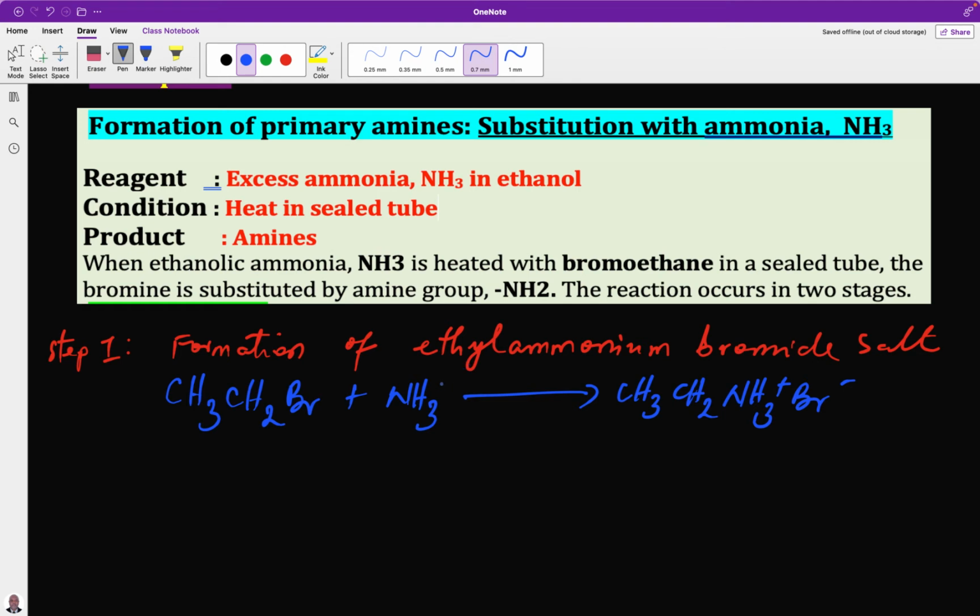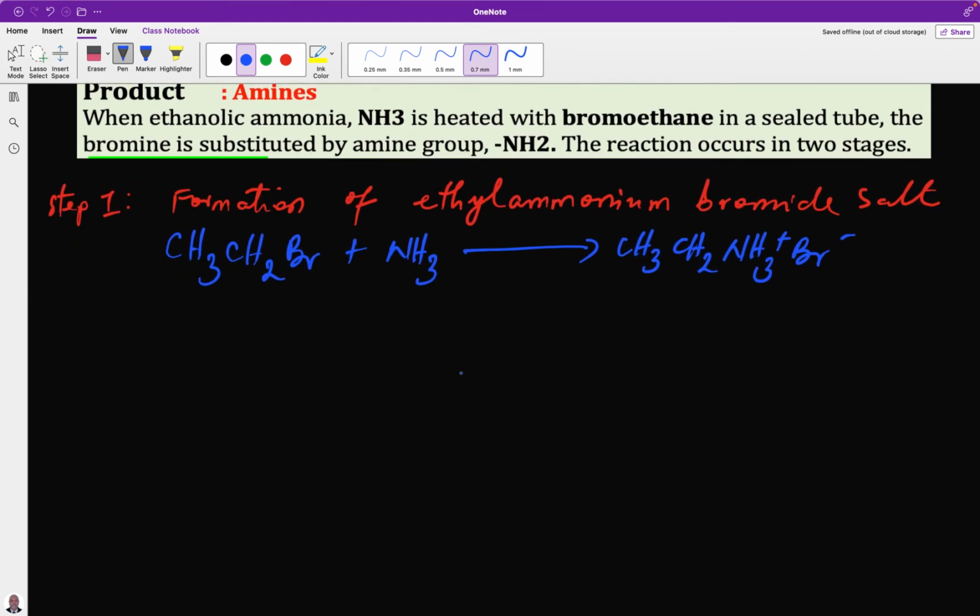Then, under stage one, I'll show you how the mechanism is going. This is bromoethane.